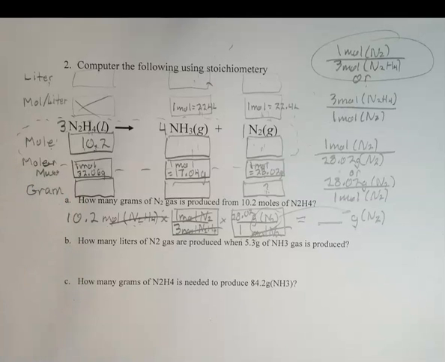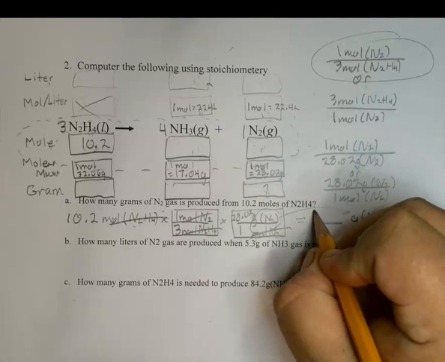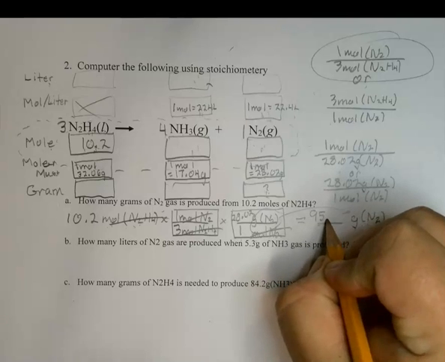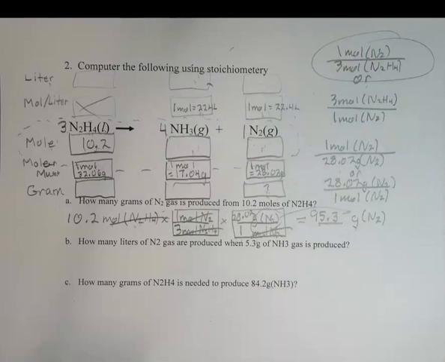So now you grab your calculator, and you multiply 10.2 times 1 times 28.02 divided by 1 divided by 3. And that gives you 95.3, roughly. I'm not getting at all picky about decimals or significant figures on this. Okay, I want you to just focus on this process, okay? All right, good. Let's go on to the next one.